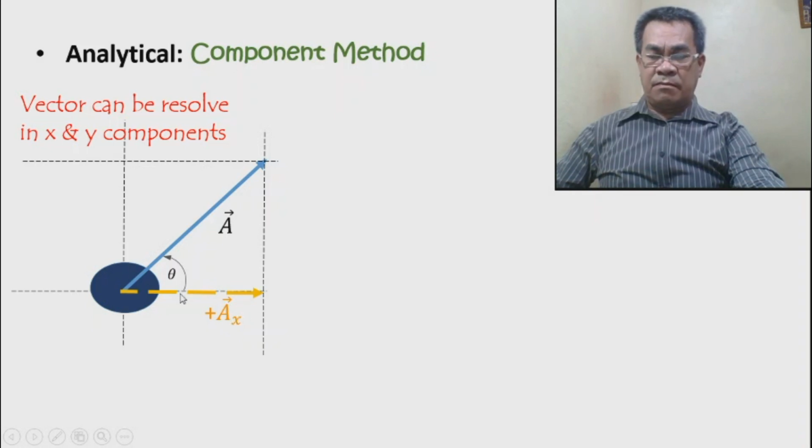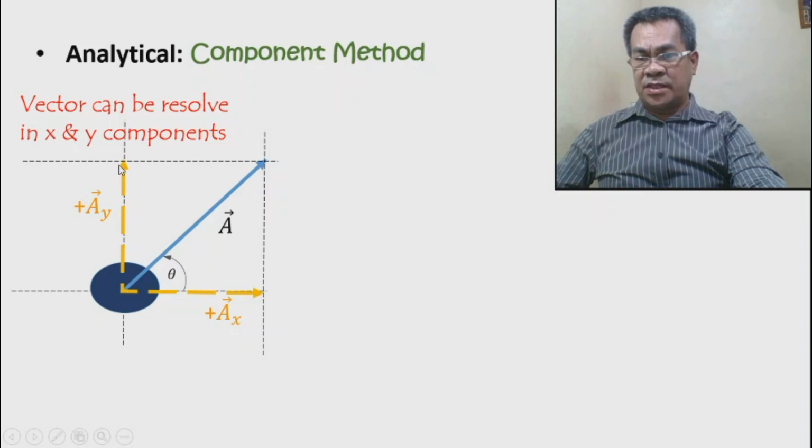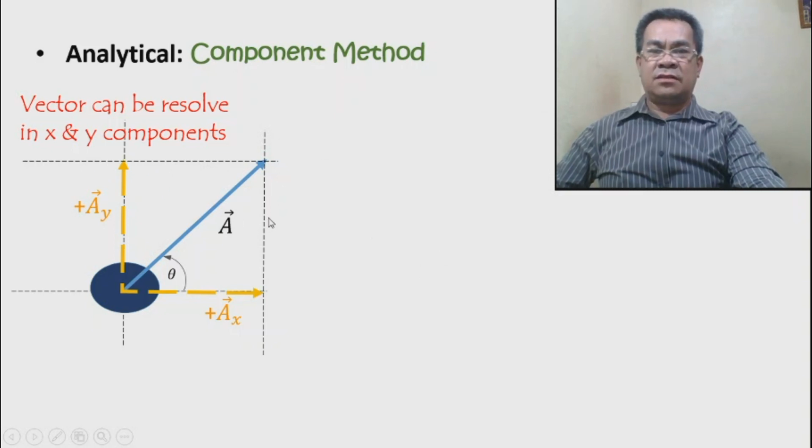So this is the tip, and the tail starts from the origin. Your Ay is also towards the intersection line. So the ends of the components are the projected lines, vertically and horizontally. So this is it. We have these two components. Okay?